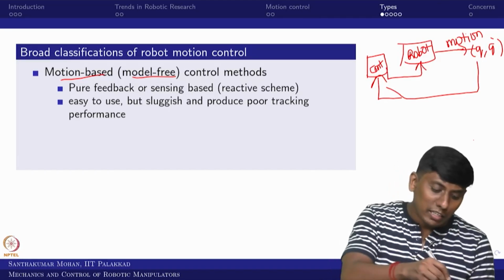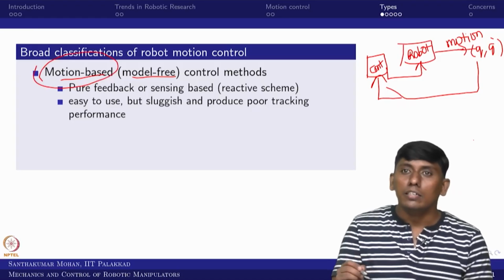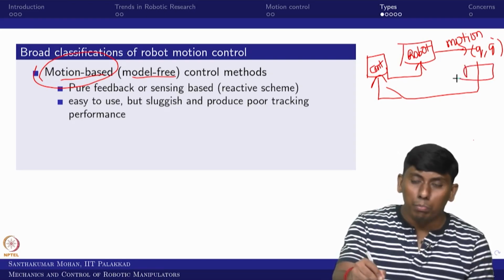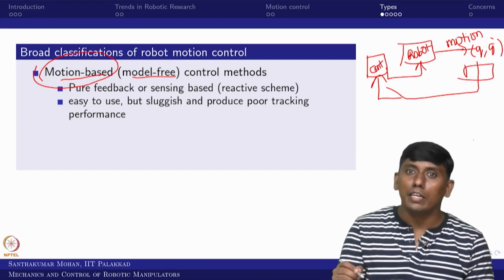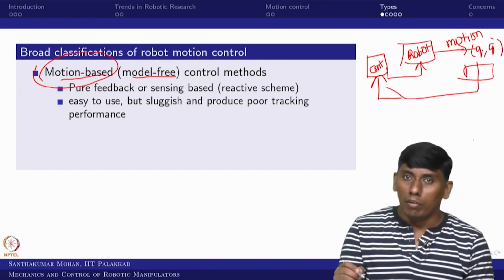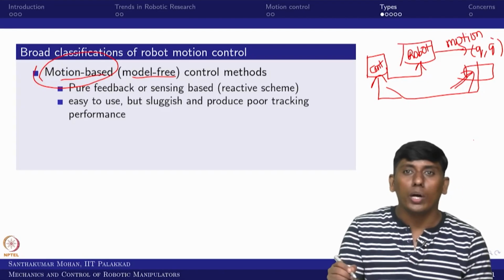You take this as feedback and try to compensate the robot through this mode. So this is purely based on the motion. If the sensor is giving an accurate signal, then you will be able to follow. However, the problem is, first, the sensor would have noise.